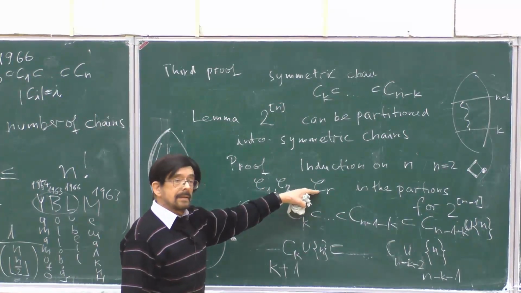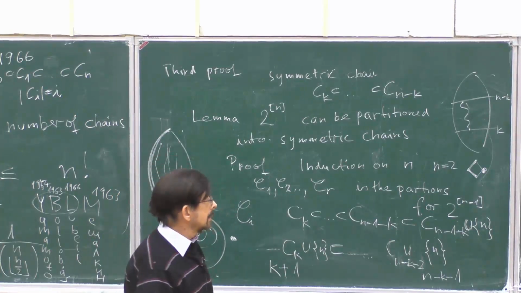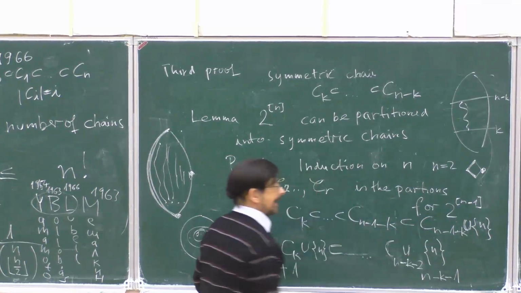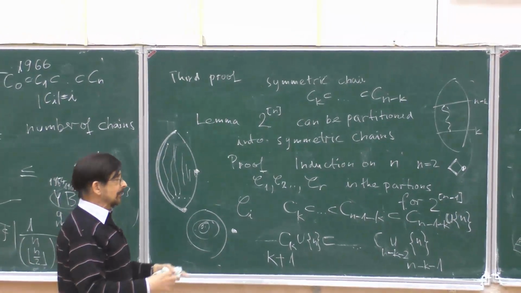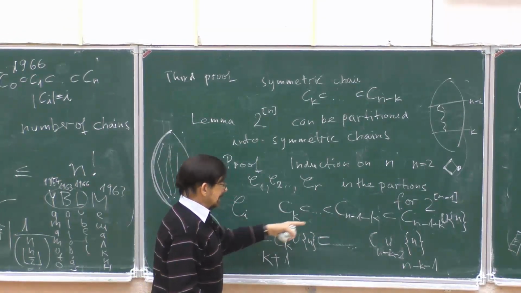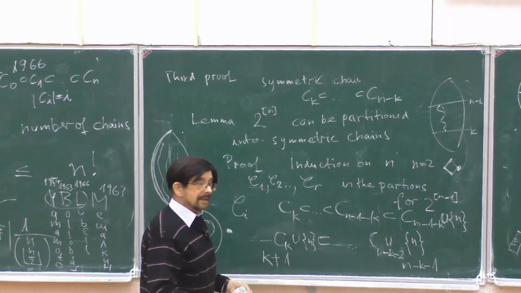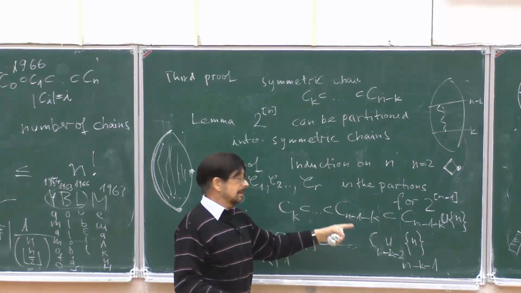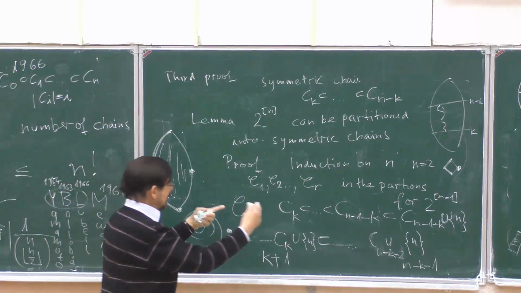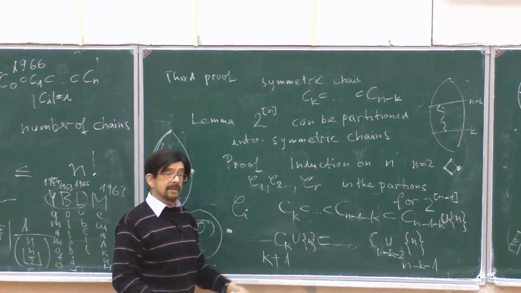So we had a system of chains which gave a partition for this one. So every set was exactly in one chain. So what can we say about these ones? These chains are symmetric, disjoint. So these two are disjoint. But we make it for all C_i, so all chains in this partition.